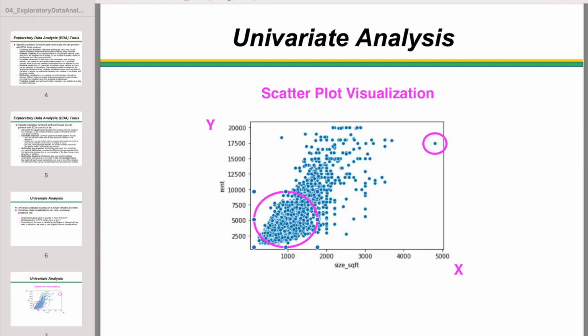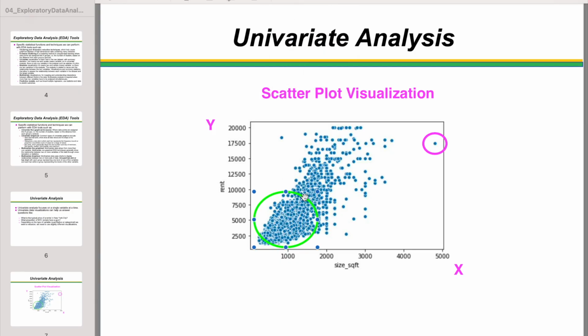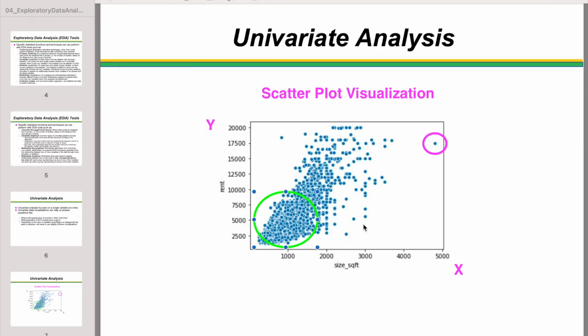What we can see here is that most of our objects in our database appear in this lower left corner. So just by looking at this scatter plot, it is easy for us to find the outlier.